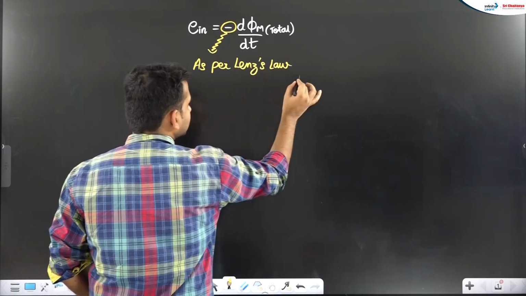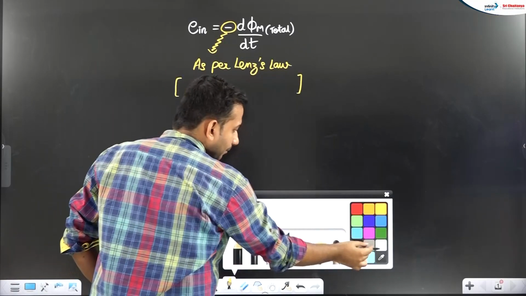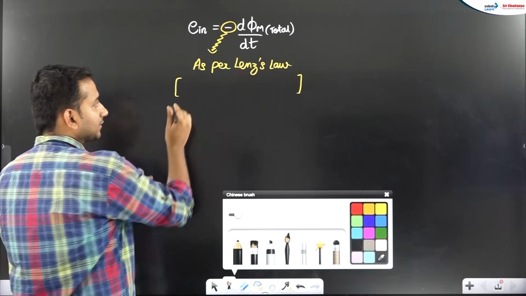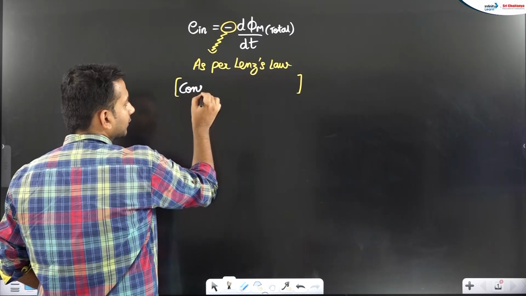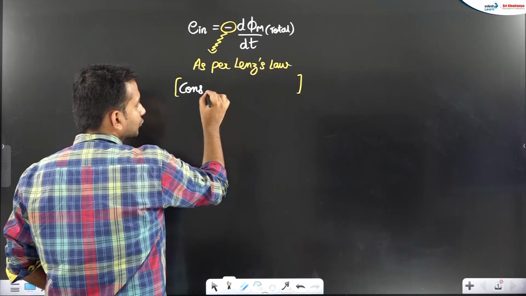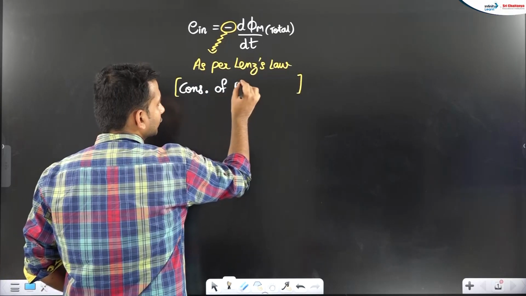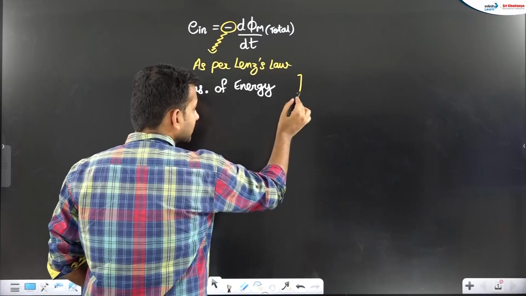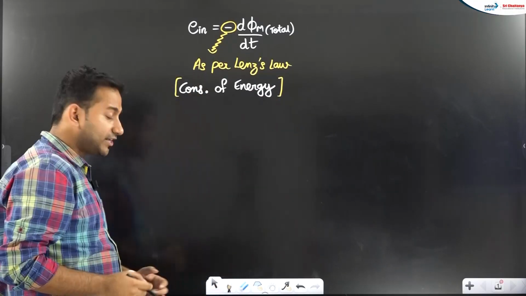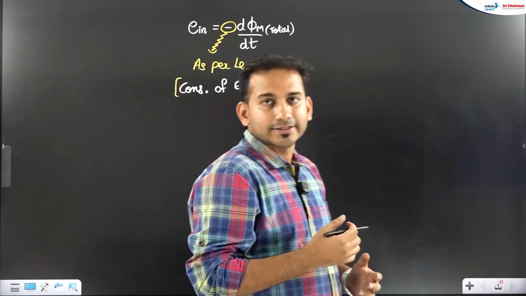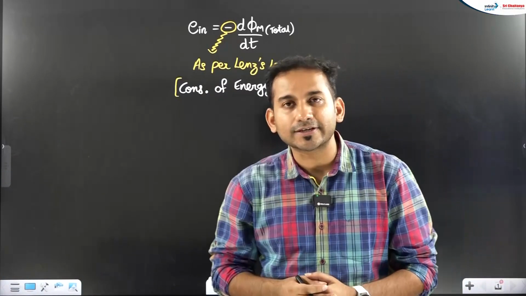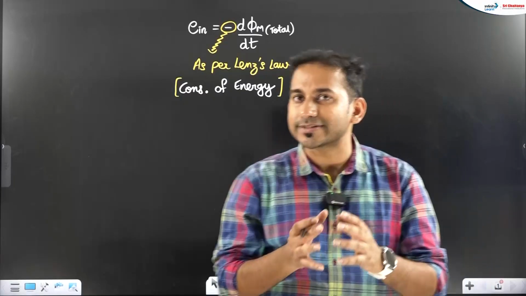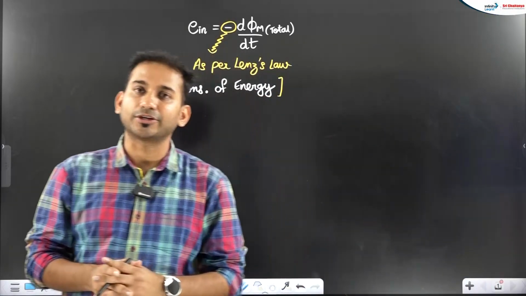Basically, this is nothing but the energy aspect, the conservation of energy aspect, in electromagnetic induction. So it is based on conservation of energy. If you keep changing the magnetic flux linked with a coil, electromagnetic induction will happen, or you can say the EMF will be induced in that coil.